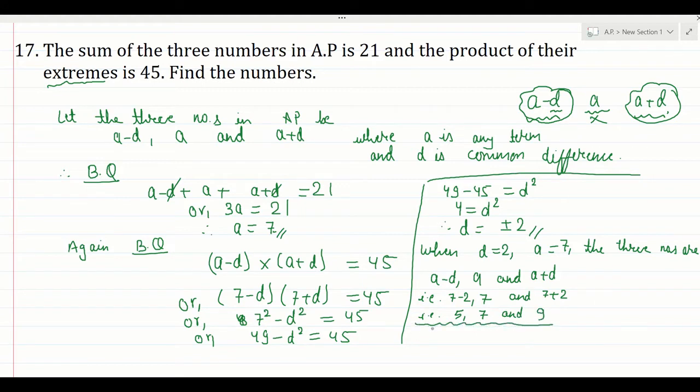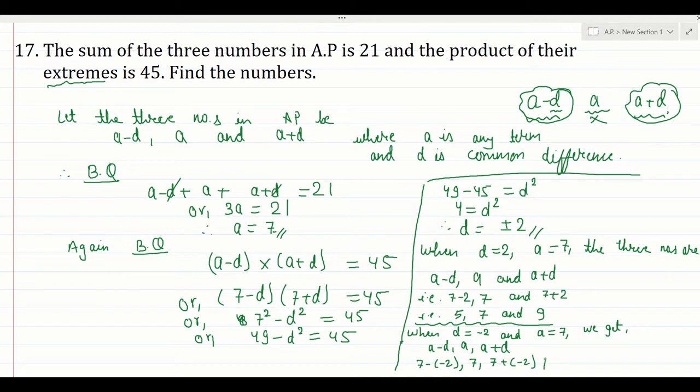Similarly, when D is equal to minus 2 and A is equal to 7, we get the numbers A minus D, A, A plus D. A is 7, 7 minus minus 2 and then 7, then 7 plus minus 2.